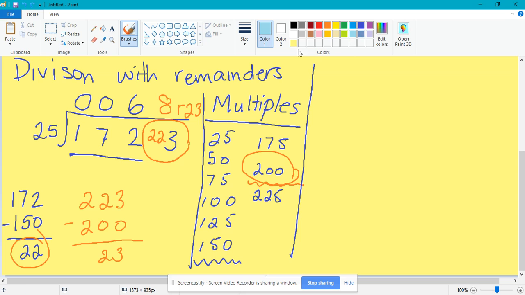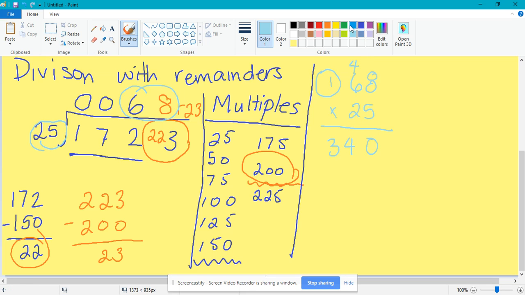The first step is to multiply the answer, the whole number 68, by 25. So let's calculate that. 68 times 25. 8 times 5 is 40. Carry the 4. 6 times 5 is 30. Add 4 is 34. Okay.